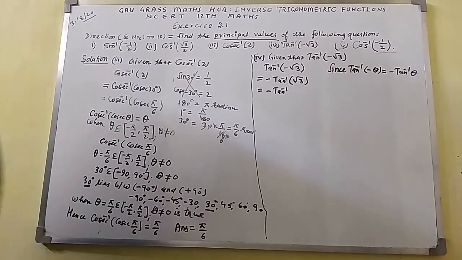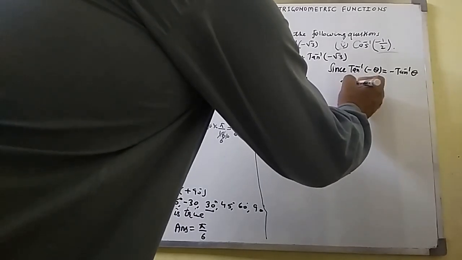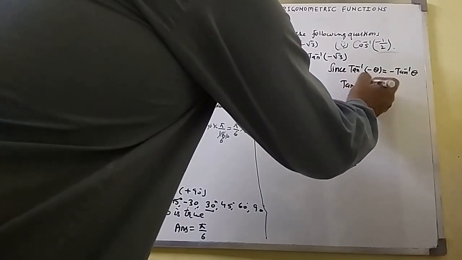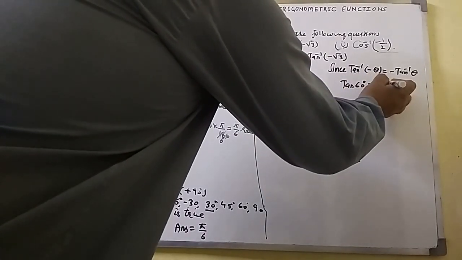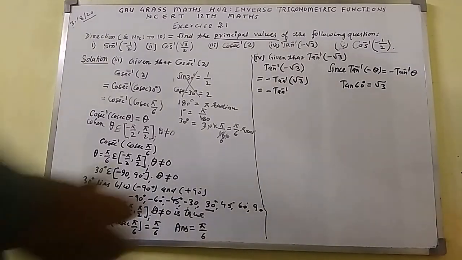Minus tan inverse. I know tan 60 degree equal to under root 3. So 60 degree will be converted into radian.